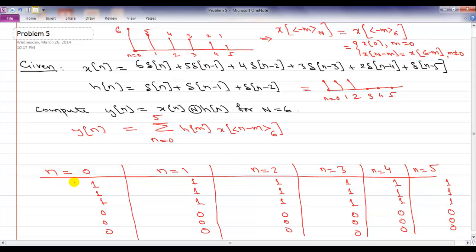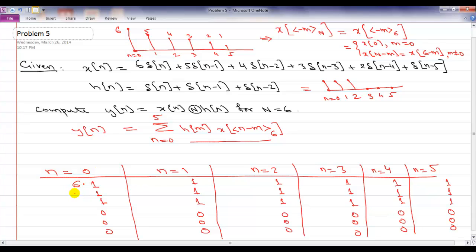So what do I get here? X of 0. So I get x of 0 is 6. I'm just writing down this formula for each n. And what do I get next?